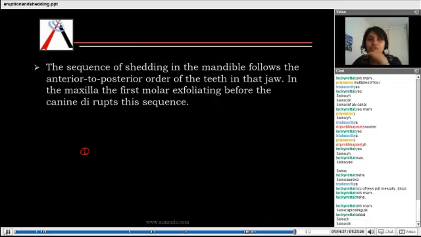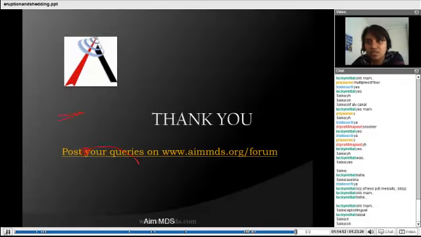Shedding is anterior to posterior in the mandible. Anterior teeth shed first, then the posterior teeth. But in the maxilla, it is the canine that sheds last. It is the one that disrupts the whole sequence.